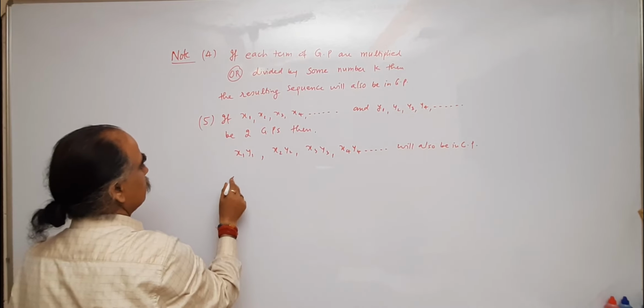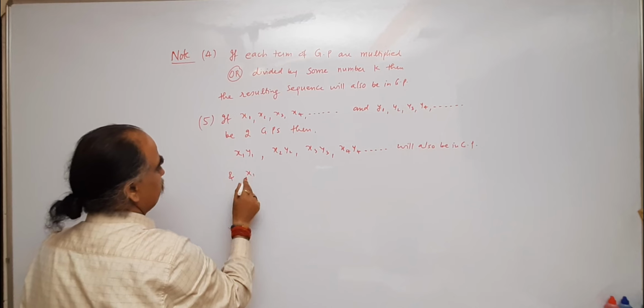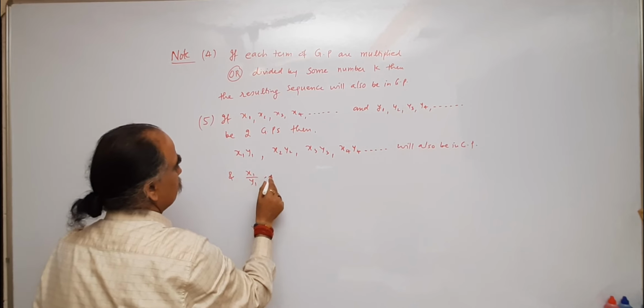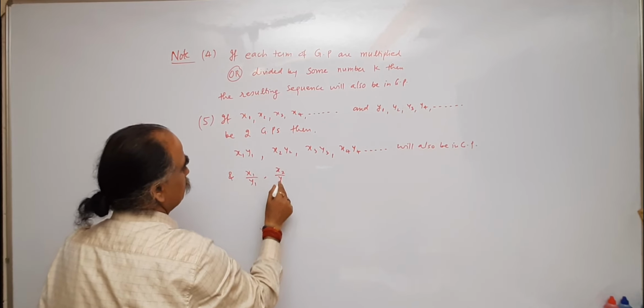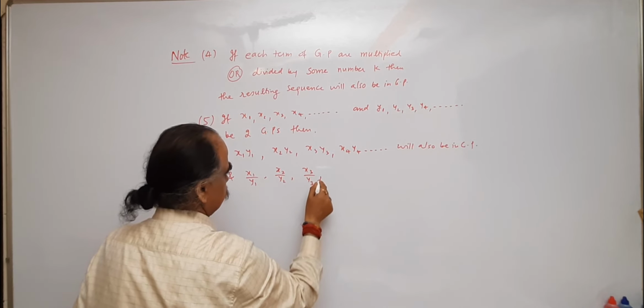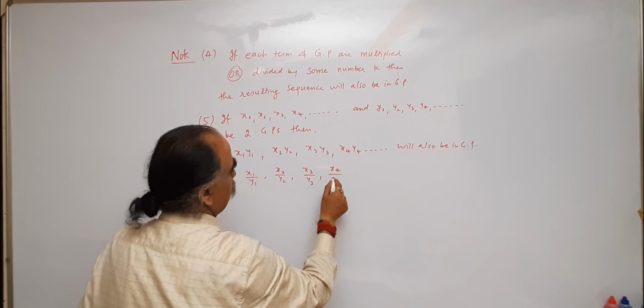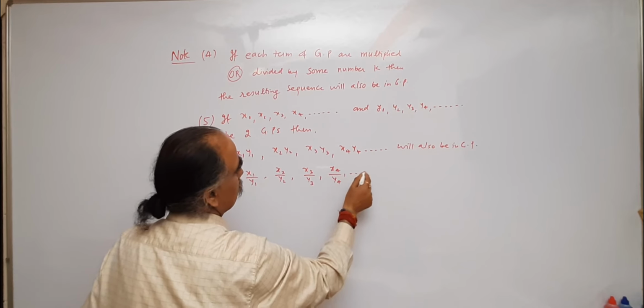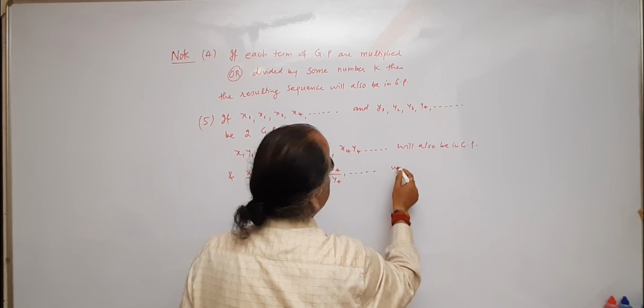And x1 upon y1, x2 upon y2, x3 upon y3, x4 upon y4 will also be in GP.